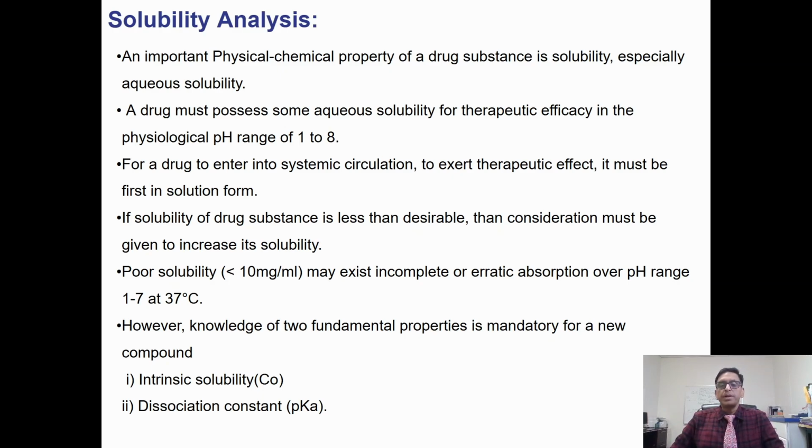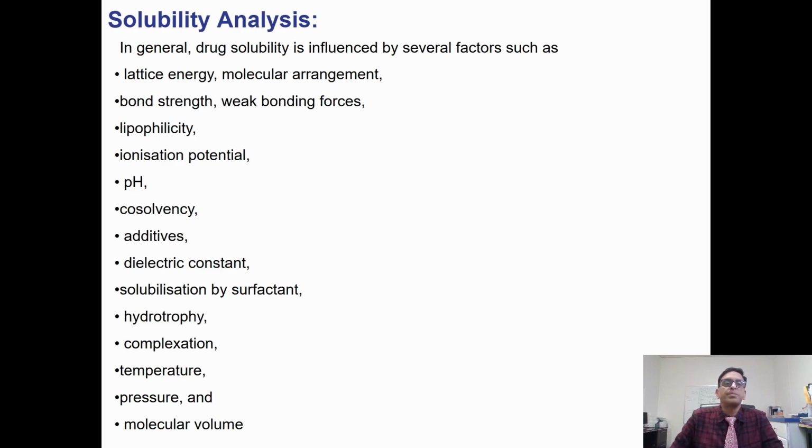However, two important fundamental properties, intrinsic solubility and the dissociation constant pKa, are important parameters to understand the solubility of a drug substance, and they determine the drug's solubility nature.